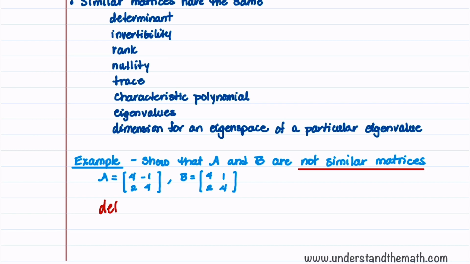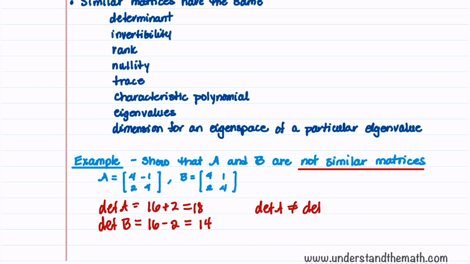The determinant of A is going to be 16 plus 2, which is 18. And the determinant of B is going to be 16 minus 2, which is 14. So the determinant of A is not equal to the determinant of B, so that tells us that A and B are not similar.